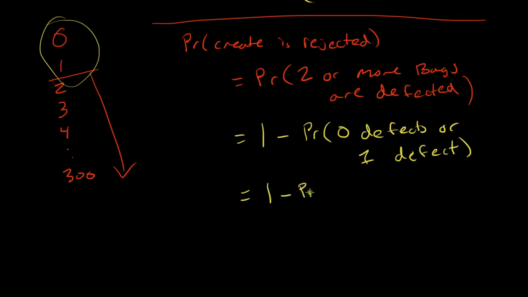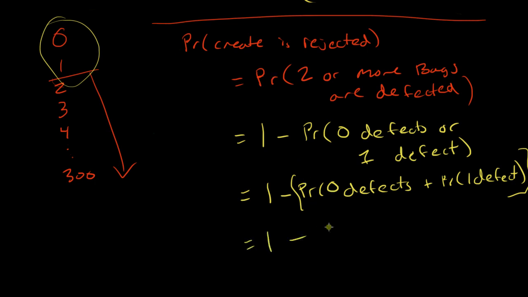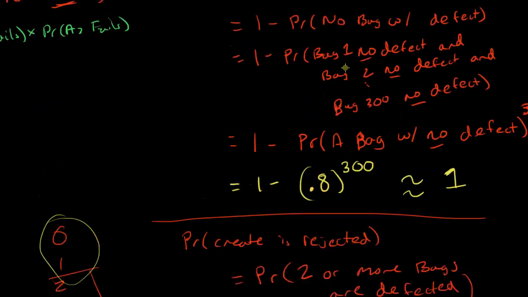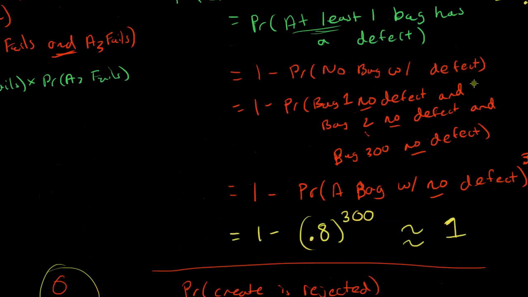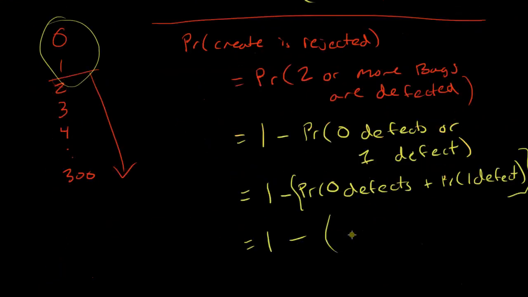This is going to be equal to the probability of 0 defects plus the probability of 1 defect. I already found 0 defects. Remember, that was up here, no bag with a defect. That was this 0.8 to the 300 power. So I'm going to write that 0.8 to the 300 power.